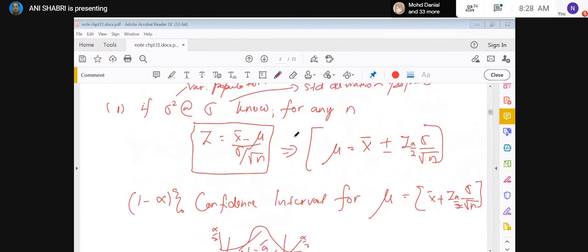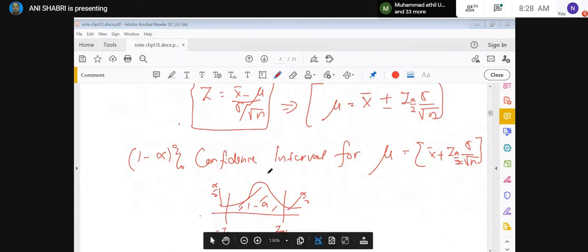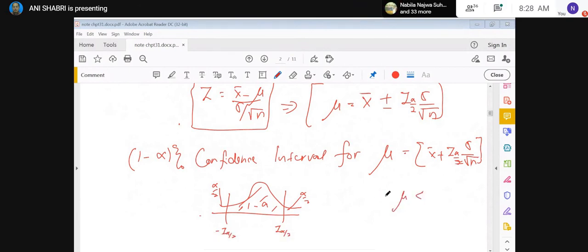Just remember, if the variance or standard deviation is given, we can use this formula for the confidence interval. We can write it like this: mu is between S bar minus Z alpha divided by 2 times sigma divided by square root n, and S bar plus Z alpha divided by 2 times sigma divided by square root n.